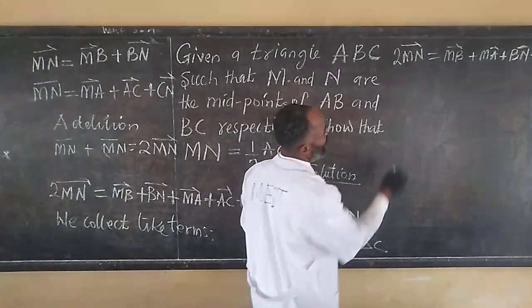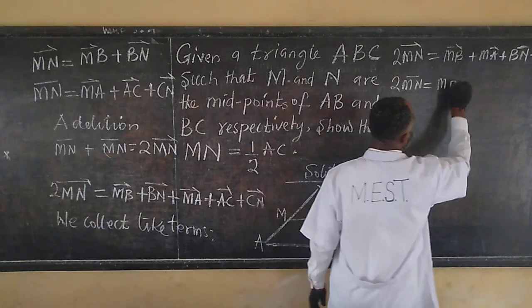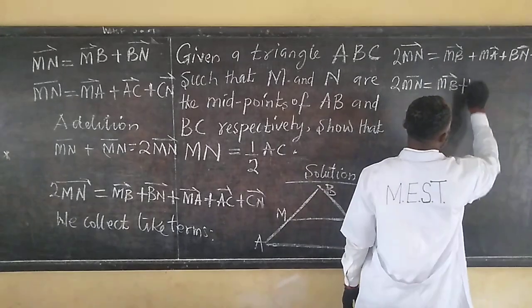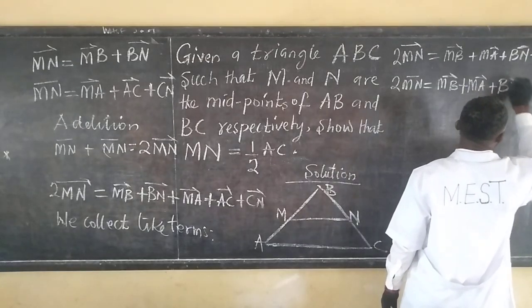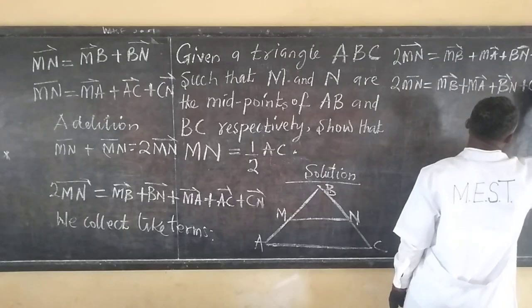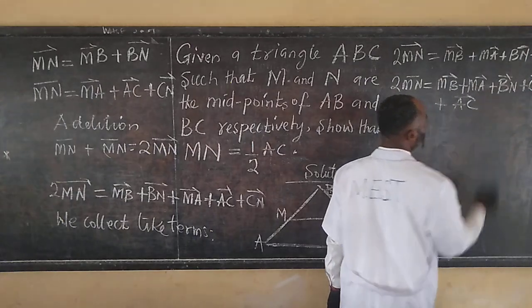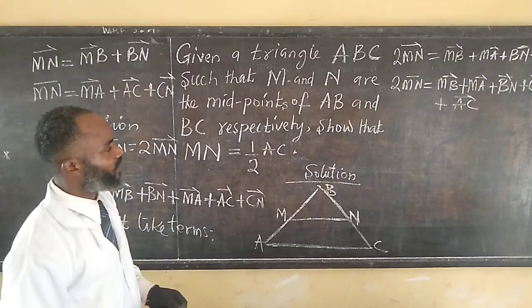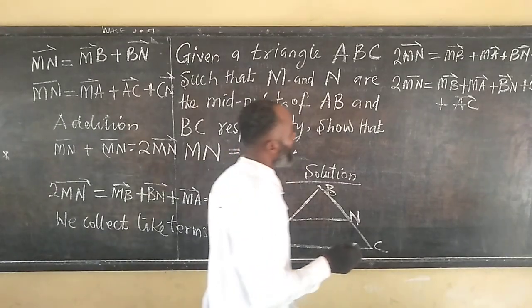So we have 2MN is equal to MB combined with MA, plus BN combined with CN, and only AC standing, because it's not going to combine with anything.